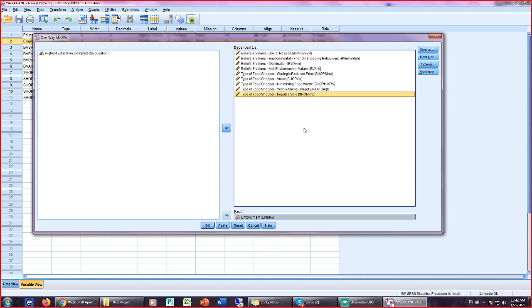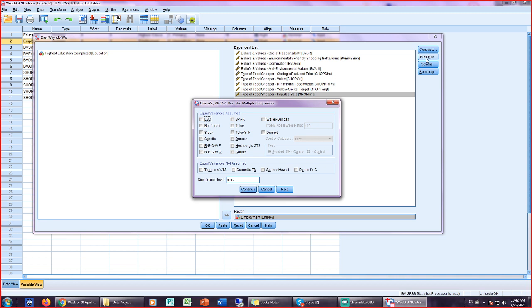When we go into the options, we go into the post hoc and select Scheffé. There's a whole lot of tests and people have different preferences. The Scheffé is a relatively conservative test that really looks for the fine differences between different levels of your independent variable. It's commonly used, and so it's one that I would recommend.